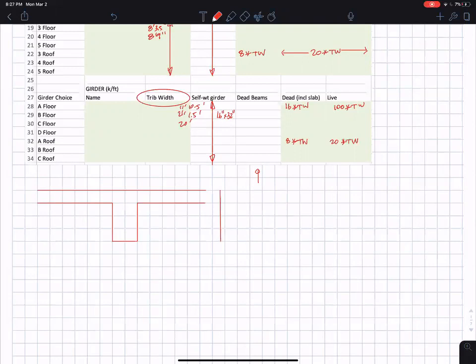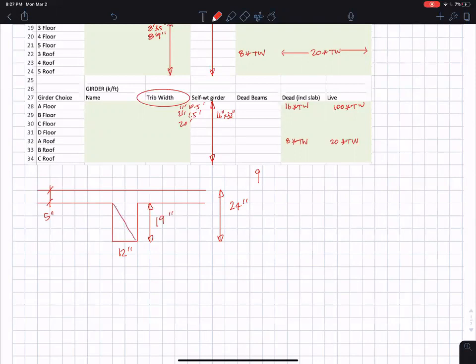This is 24 inches. This is 12 inches. Our slab was 5 inches thick. That means the part of the beam that's under the slab is 19 inches.